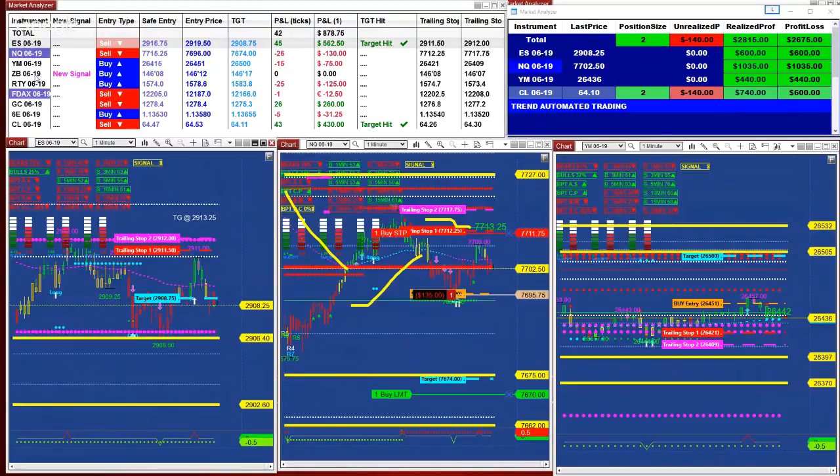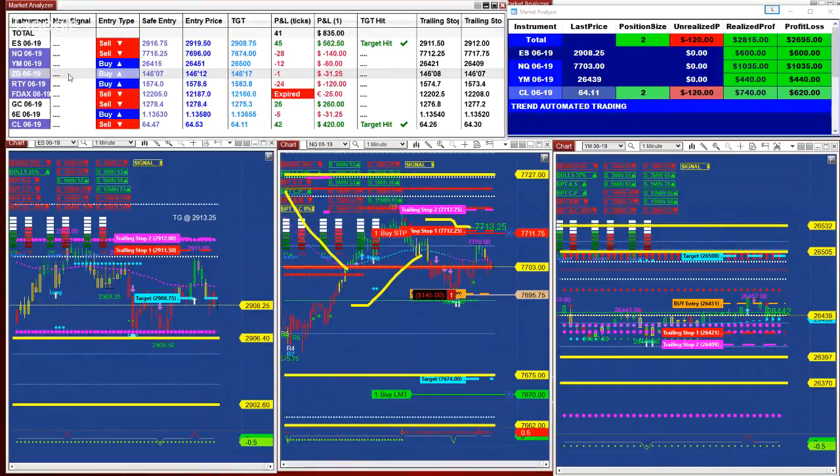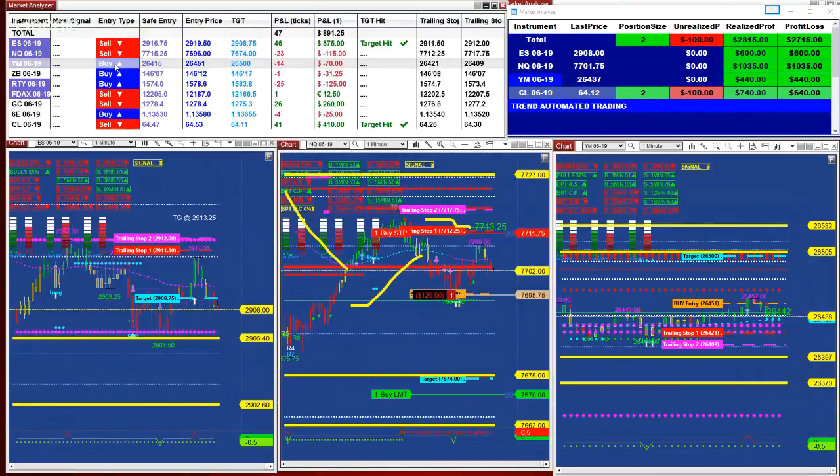Okay, the DAX, we have a new signal on the DAX, and we have the 30-year Treasury bond just plotting a buy signal. So now we are in the opposite direction of the ES, and now we only have the YM as a buy.